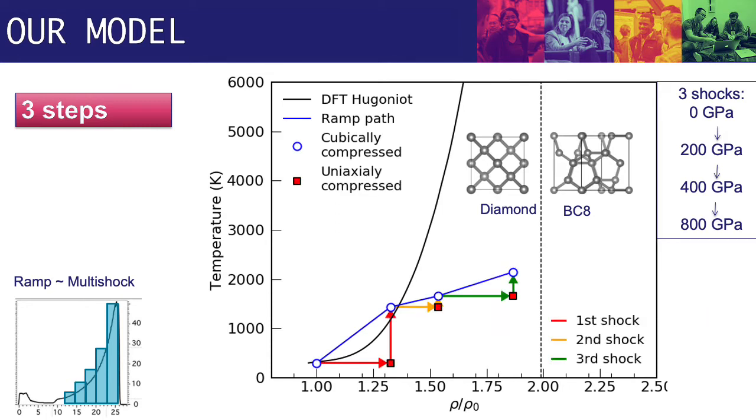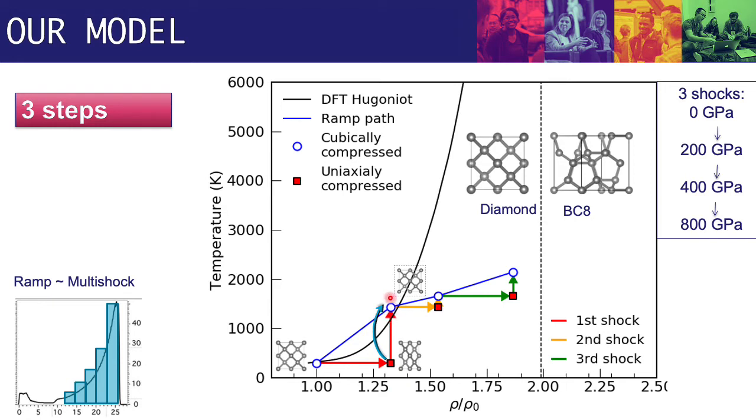We have our sample at ambient conditions that was uniaxially compressed to reach a new density that corresponds to 200 GPa. And then we calculate the energy difference with a state that has the same density and temperature but was isotropically compressed, and we put that energy difference as kinetic energy. And this results in a new temperature.